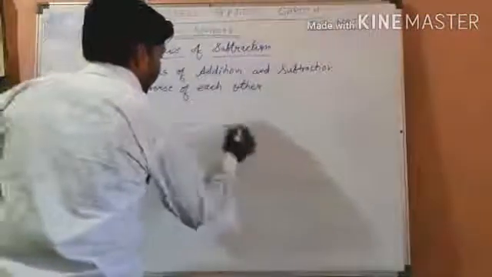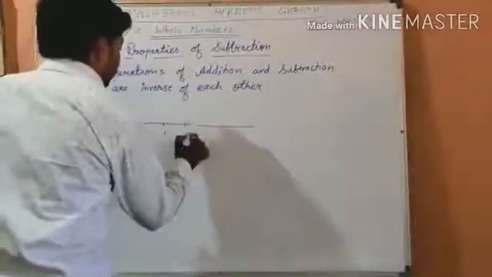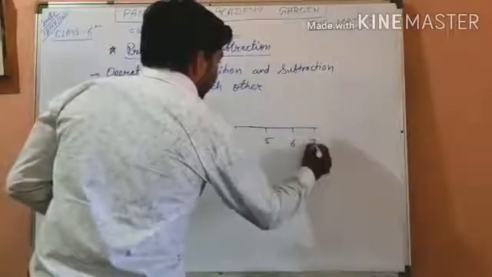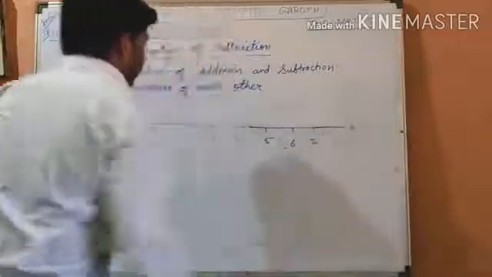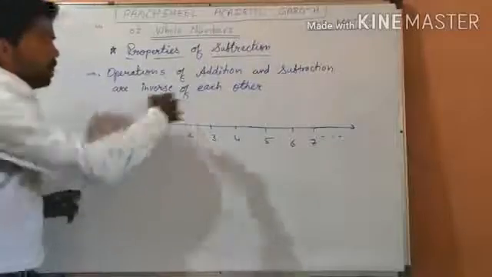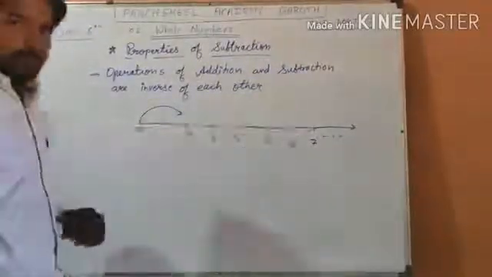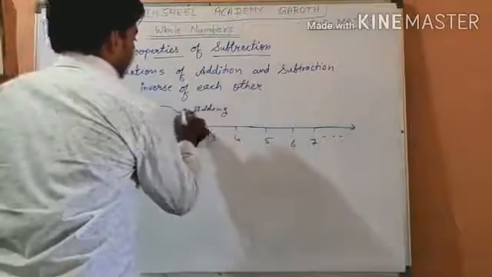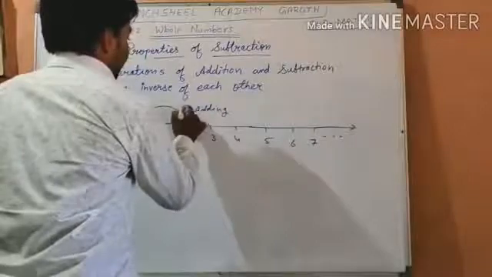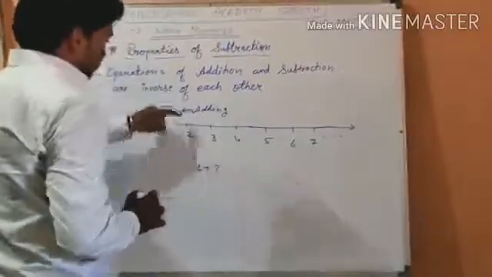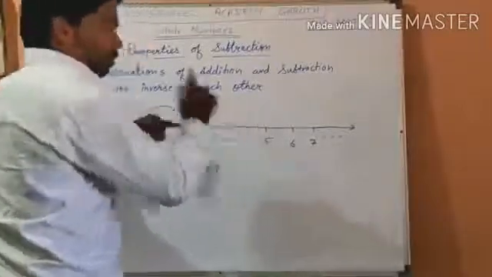In the number line we have seen 0, 1, 2, 3, 4, 5, 6, 7 and so on. If we add something, then we jump forward to the right side of the number line. If I add 2 plus 3, we jump 2 and then 3 units to the right.